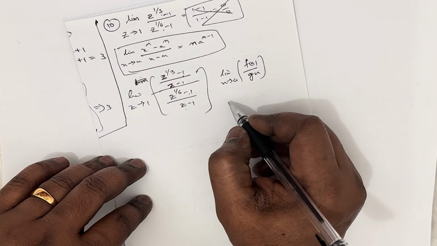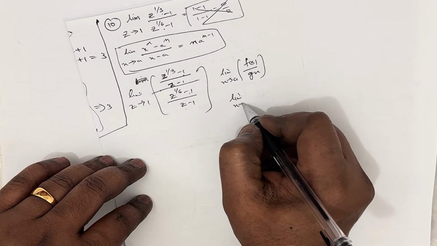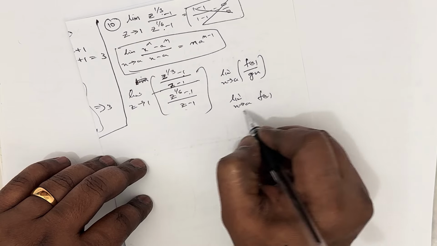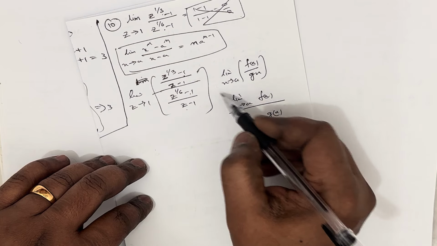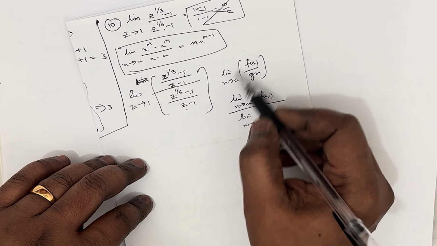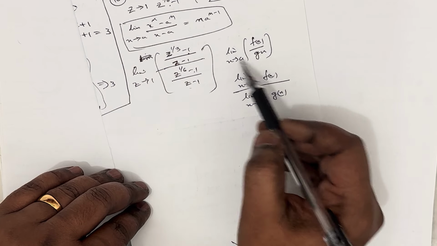That is, we can write this as the limit as x tends to a of f of x, whole divided by the limit as x tends to a of g of x. Now the limit can be split to both the numerator and denominator, so we can write it in this form.